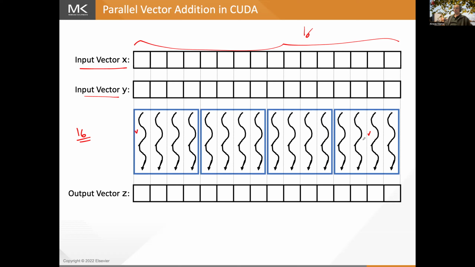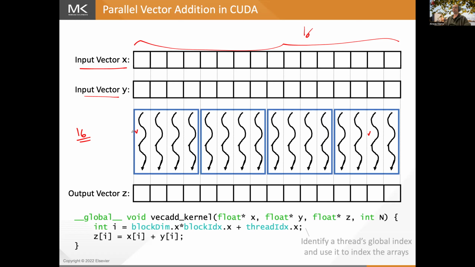Okay, so now let's write a very simple kernel to perform this vector addition calculation in parallel. So let's see how we can do that. As I mentioned, a kernel is a typical C function. So here we named it vec_add kernel, right?